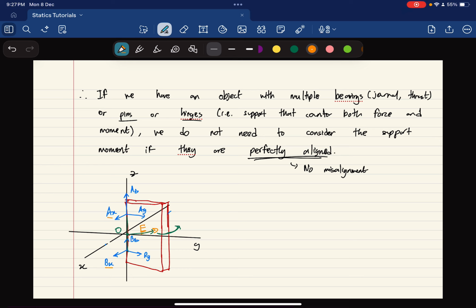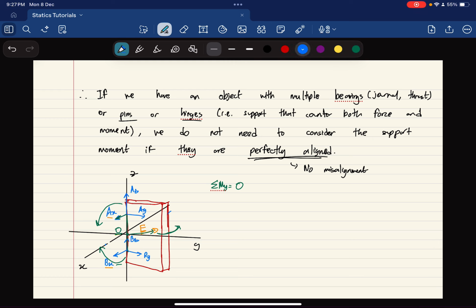Sorry, if you take O, my apologies, I was a bit confused. Take O and find a moment at point AX, it will tend to rotate this way, and for MBX it will tend to rotate this way, so they tend to counter each other, right, at Y. Therefore the moment at Y will automatically become 0. So we don't introduce MAX and MBX.